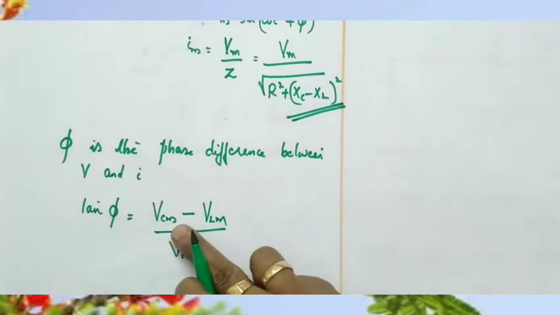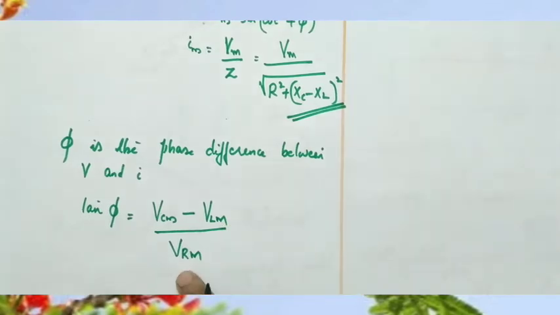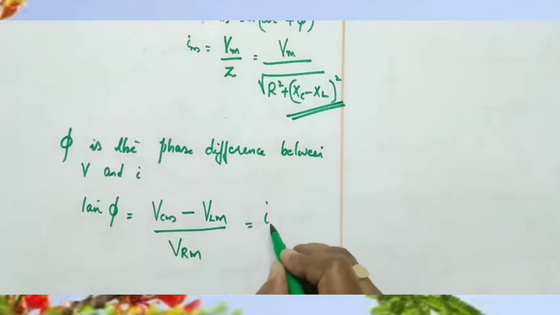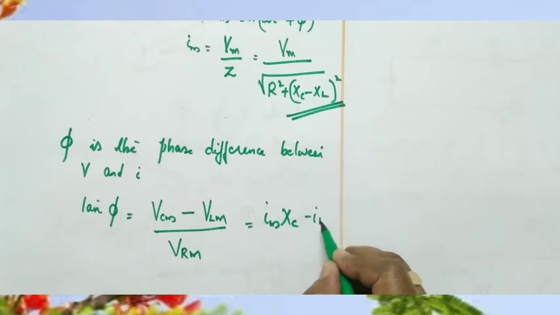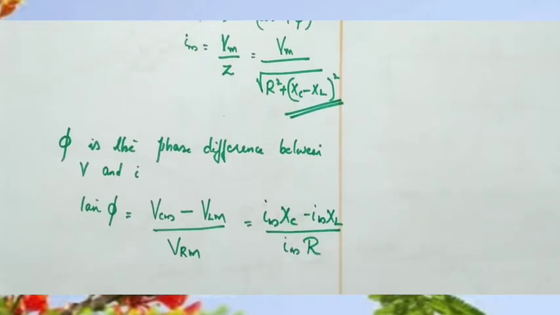Clear? Vcm means the peak value of voltage across the capacitor, Vlm is the peak value of voltage across the inductor, and Vrm is the peak value of voltage across the resistor. We know Vcm is equal to Im into Xc, Vlm is Im into Xl, Vrm is Im into resistance R. Im gets cancelled.